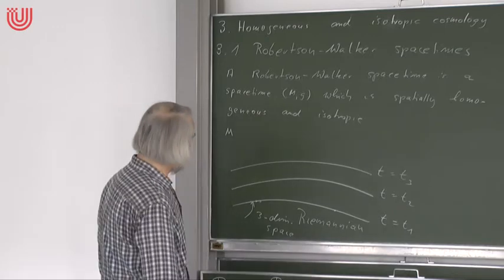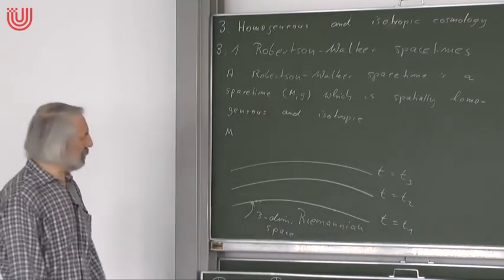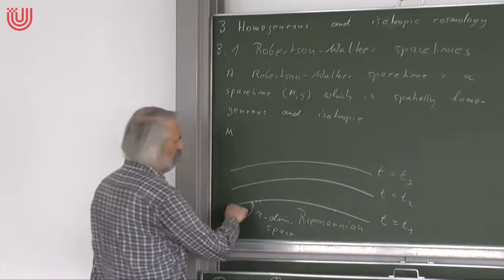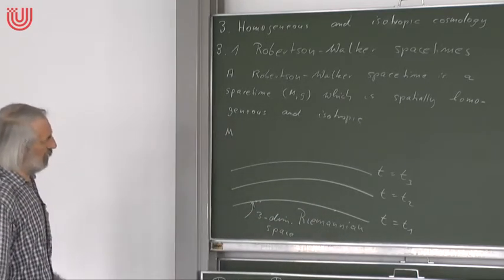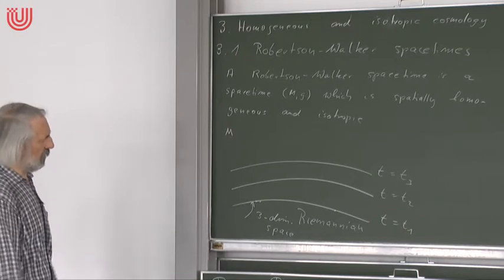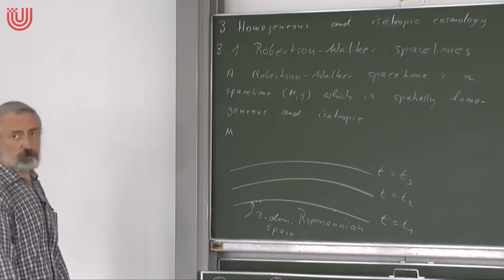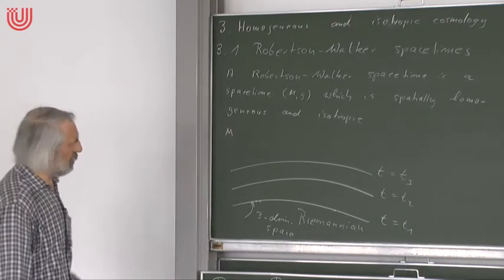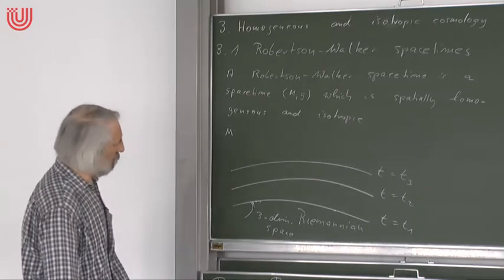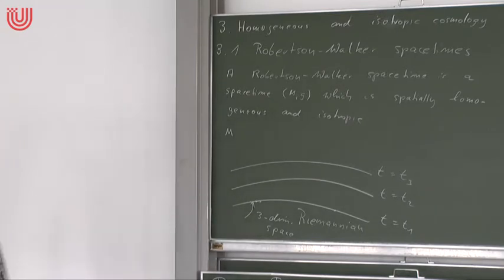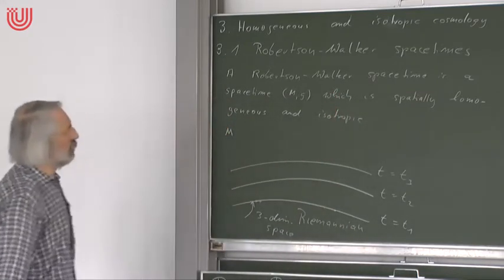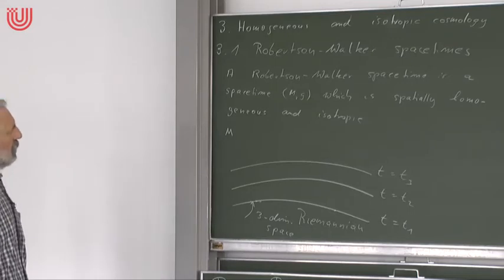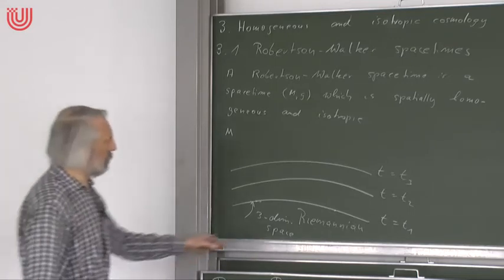And so our first goal, our first task is now to investigate what kind of structure a three-dimensional Riemannian space carries if it has this property. So we have to determine, as the first step, all three-dimensional Riemannian spaces which are homogeneous and isotropic in this sense. And then we put them together by adding the fourth coordinate, the time-like coordinate, and then we get a Robertson-Walker spacetime.